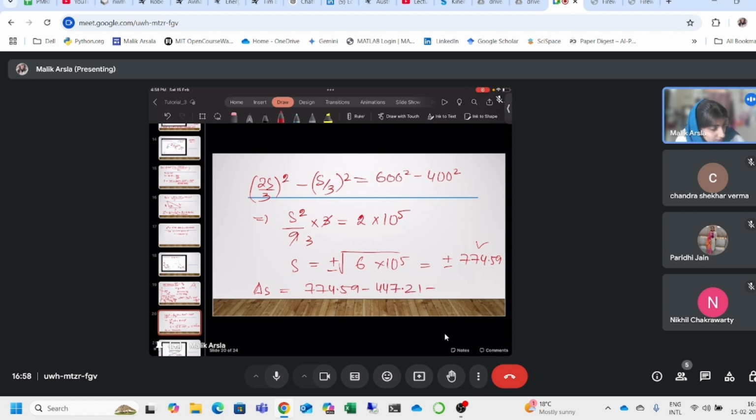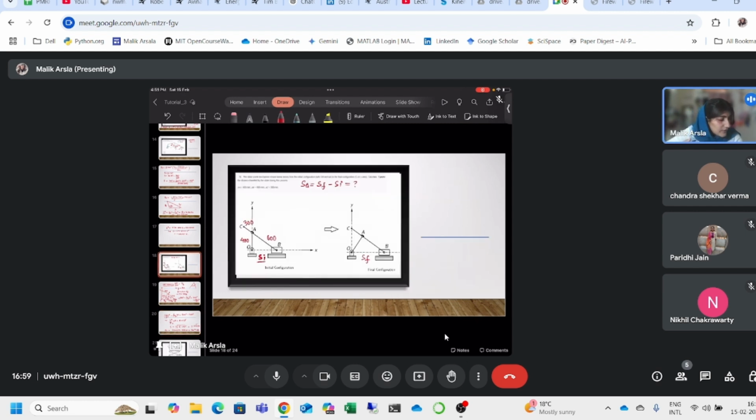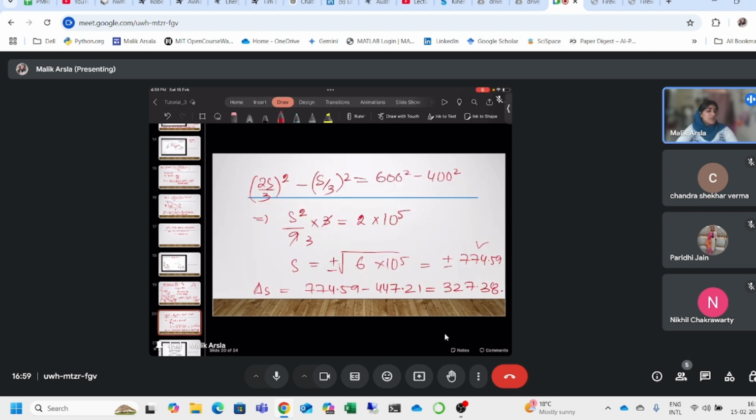What is this coming out to be? 327.38. Okay, so this is the correct answer. The answer is not given in the options, so this is the final answer. Any doubt in this question? Understood till here?